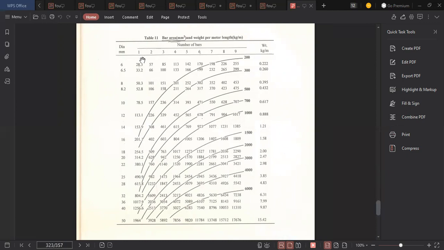So to find the number of bars that we need to meet that requirement with a diameter of 16, we divide the AS which we found by this area here. That's how you find the number of bars.